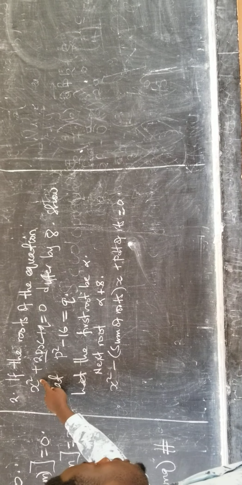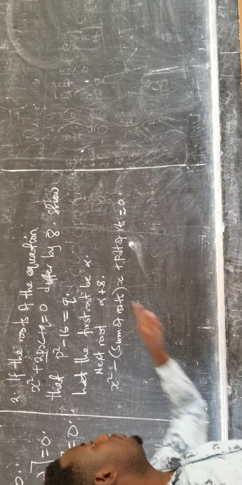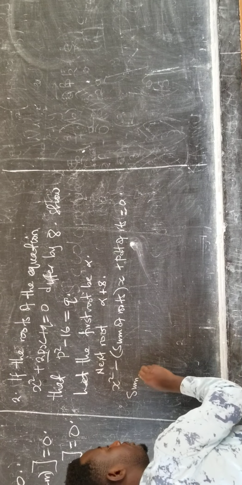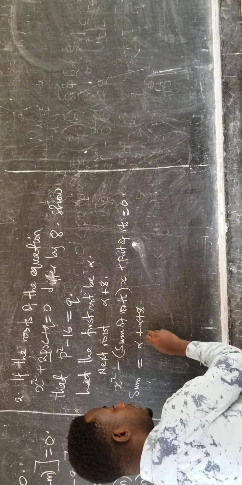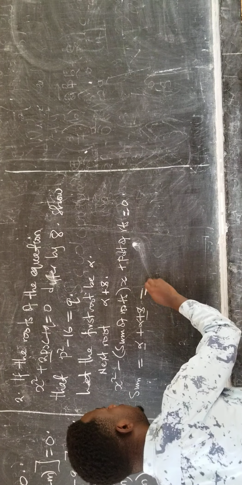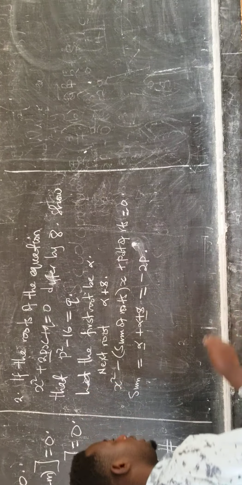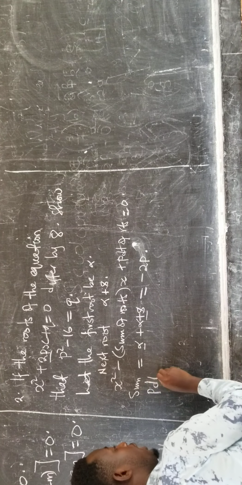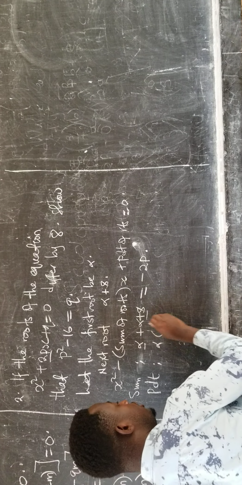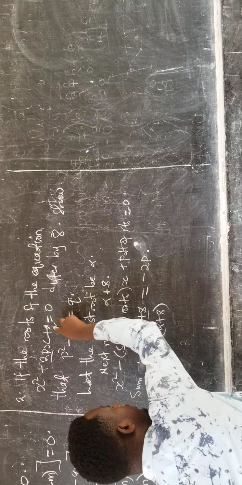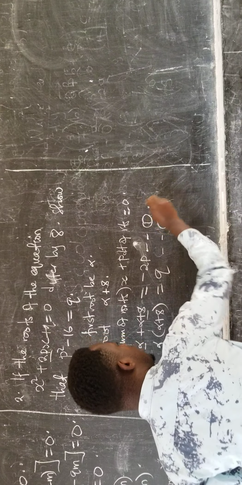Comparing this and this, we can easily know that the sum of roots, which is actually alpha plus alpha plus 8, is going to be equal to minus 2p, because of the negative. Then for the product, I'm having alpha into (alpha plus 8). This one will be equal to q. For this one, equation 1. For this one, equation 2.